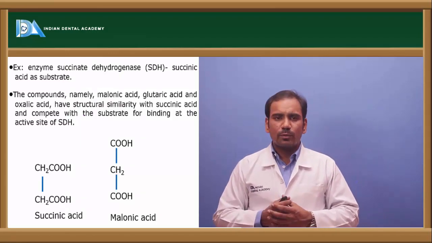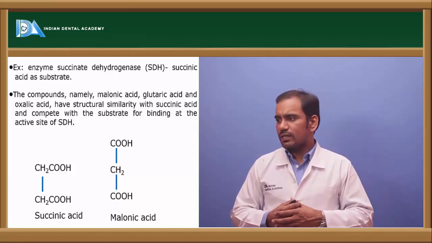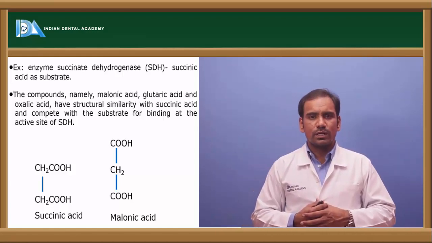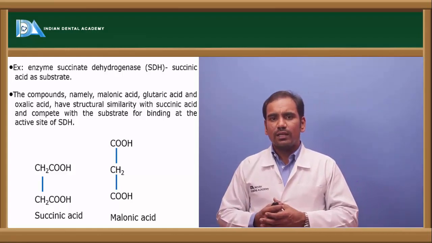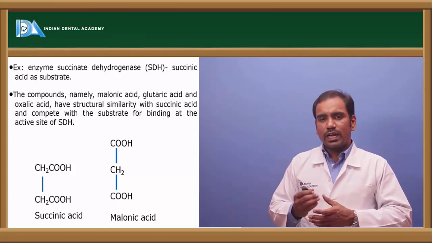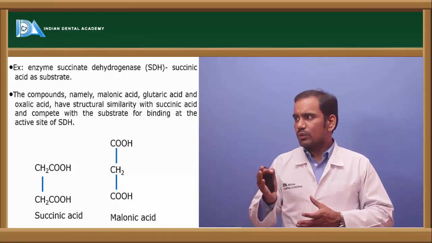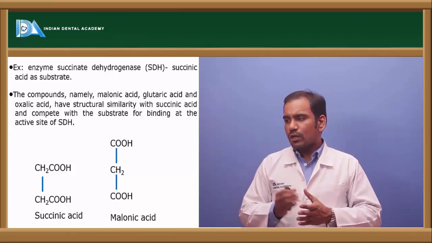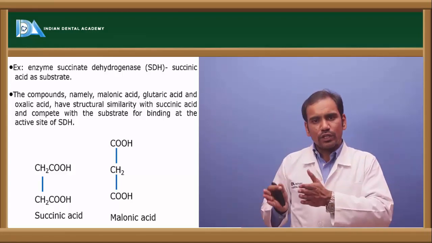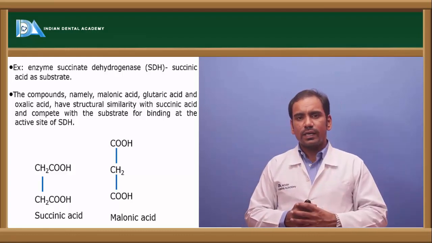Coming to some important examples, take the citric acid cycle enzyme succinate dehydrogenase. It converts succinate into fumarate, and it is inhibited by another molecule called malonic acid, which has a structure similar to the substrate. So malonic acid is a competitive inhibitor, succinate is the substrate, and the enzyme is succinate dehydrogenase.